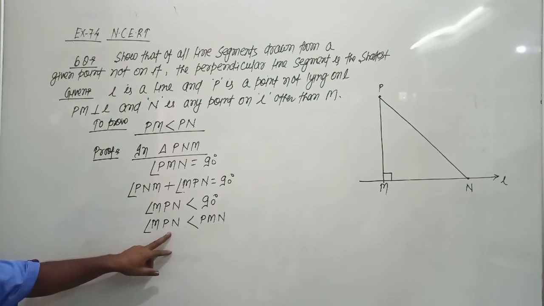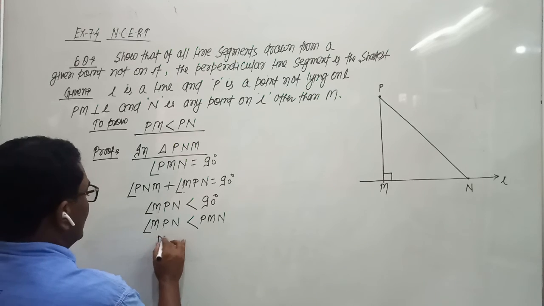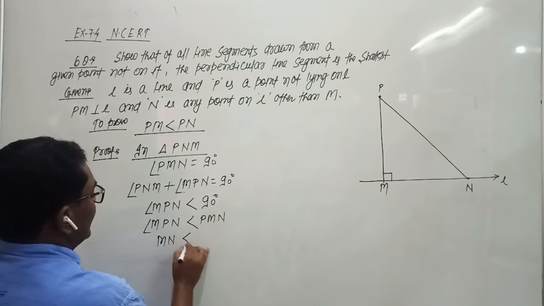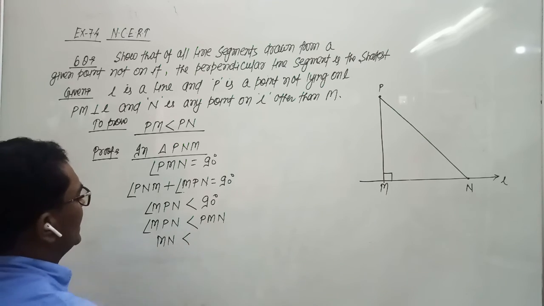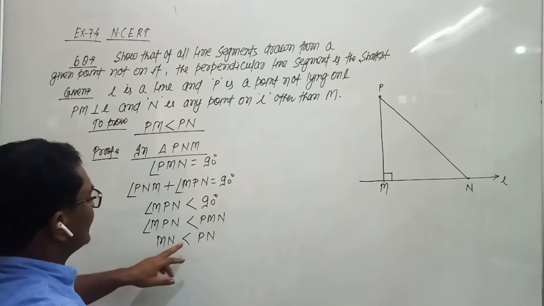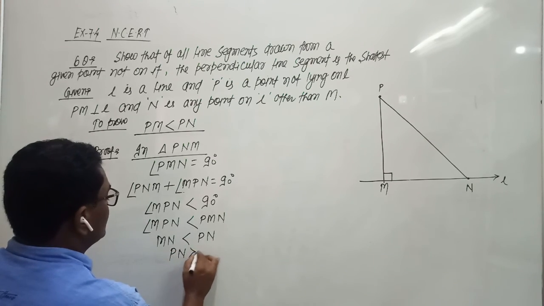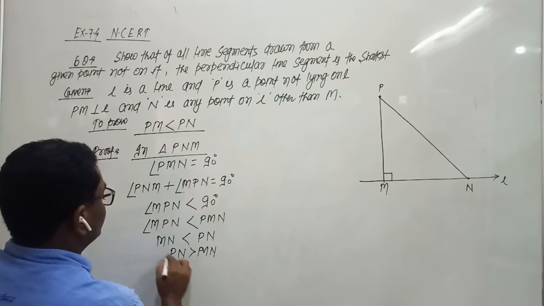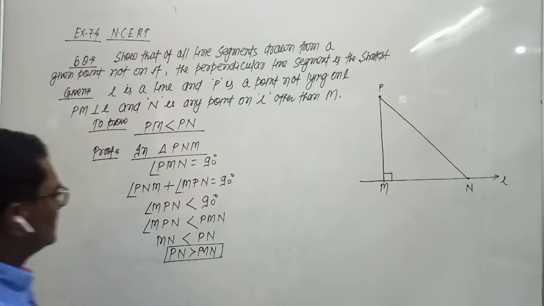The side opposite to angle MPN is MN, which is less than the side opposite to angle PMN, which is PN. So MN is less than PN. It means PN is greater than MN.